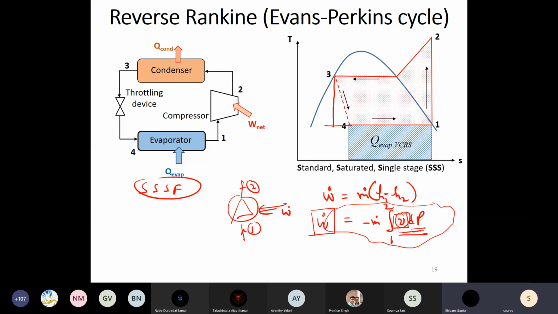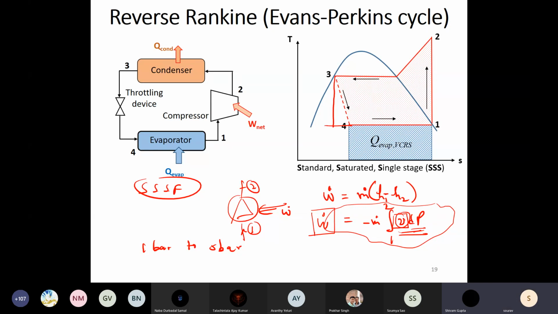Whereas in order to pump a liquid across the same pressure ratio, you have to do significantly less work. Let's say you have to pump liquid water from 1 bar to 5 bar, and you have to compress steam from 1 bar to 5 bar.